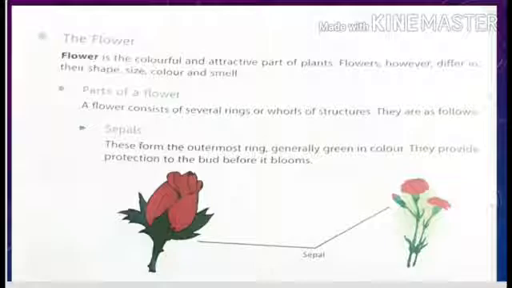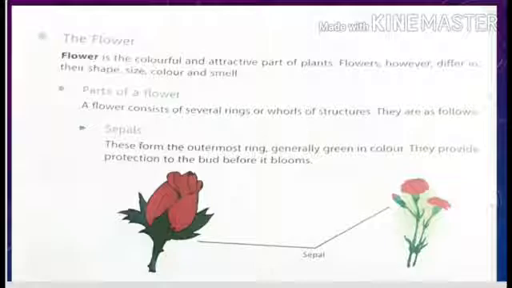As I have already mentioned, the 4 whorls or rings are sepals, petals, stamens and pistil. For each whorl we will discuss the number, the color it has, and what the functions are. These 3 things will be discussed for each particular whorl or part of a flower.